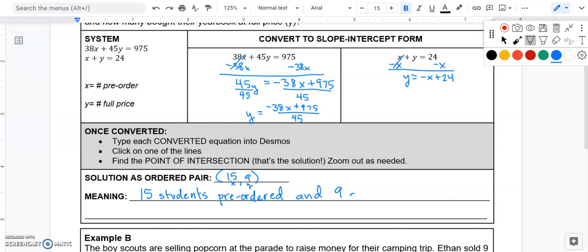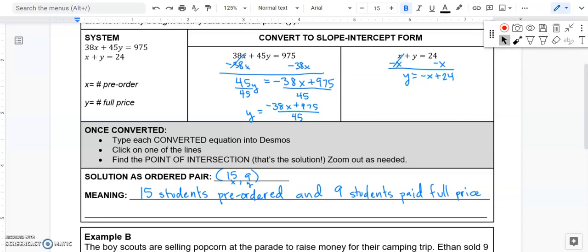So 9 students paid full price. And so that's what we're doing today, is taking our system and finding where they intersect. What is that solution? And what does it tell me about my story? So we just found out how many students pre-ordered and how many paid full price, okay?